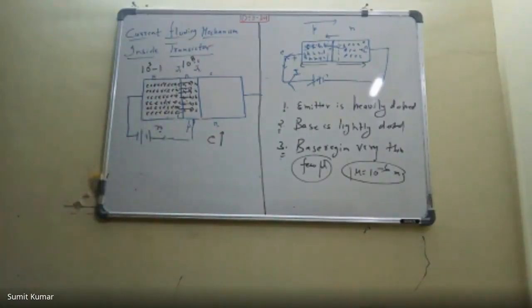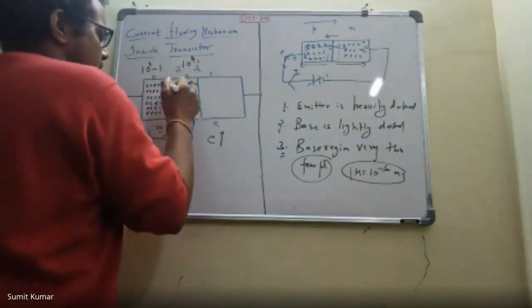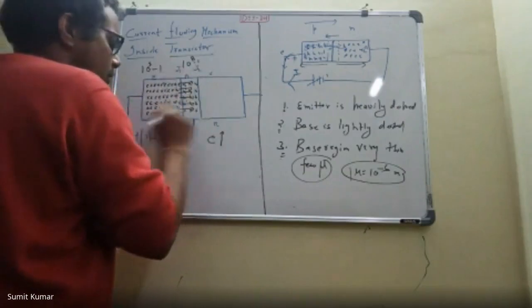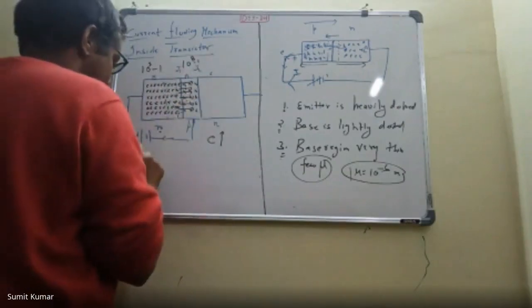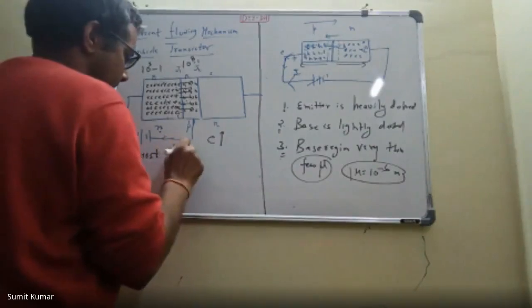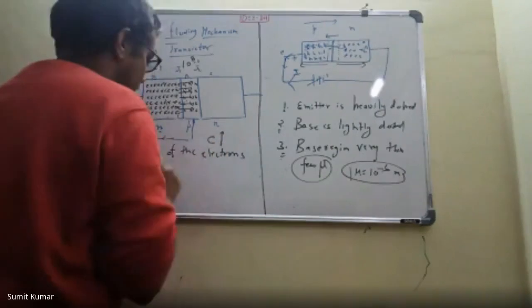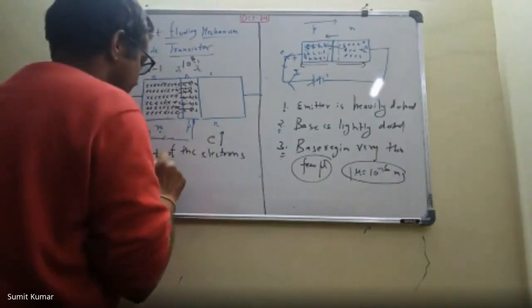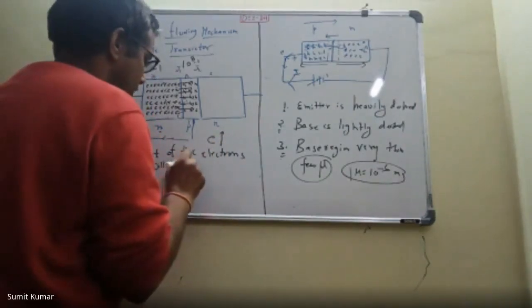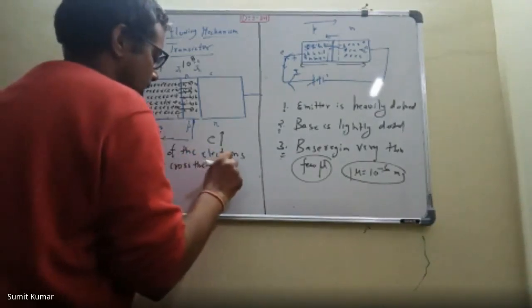Now what is happening? Most of these electrons will cross the base region. Why?